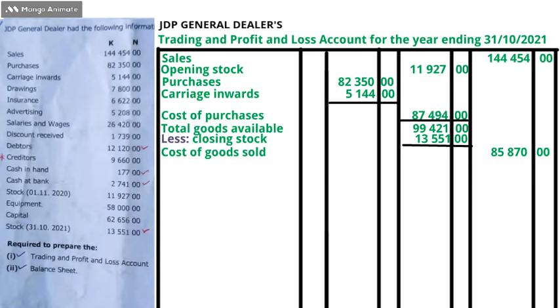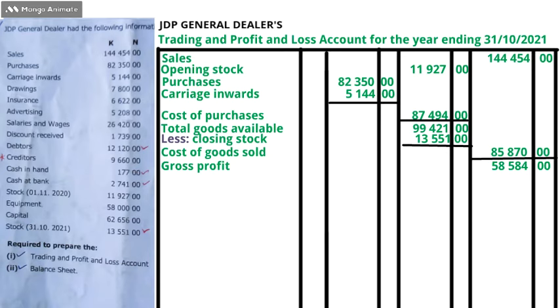So now we have found the cost of goods sold, and we work out the gross profit. We subtract from the sales we made, 144,454 minus 85,870, which will give us the gross profit of 58,584.